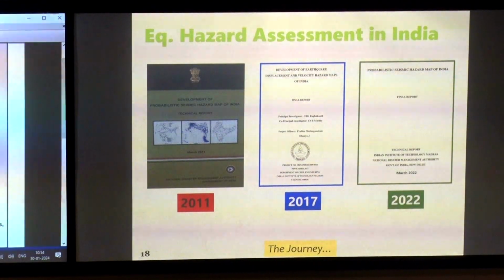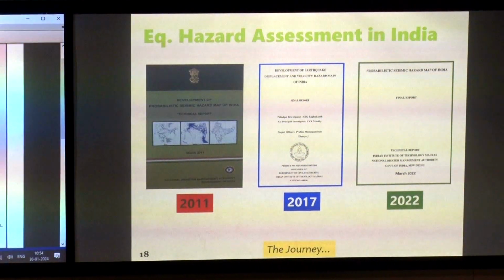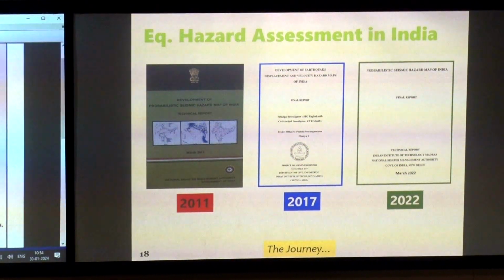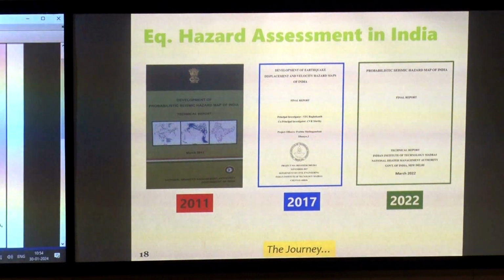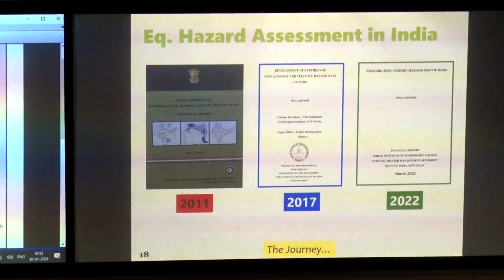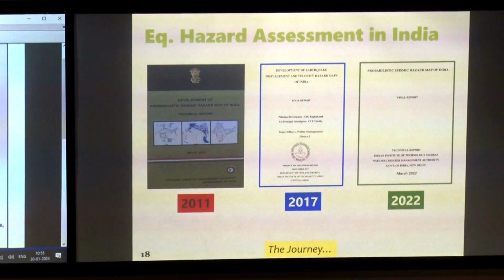Honestly speaking, there has been a very systematic effort towards this made by various people. And if you look at these 3 documents published with support from NDMA, this work is more than a decade old. And every time there has been refinement, and I'm sure some of you who are sitting here have been part of various committees over the years, either reviewing such work or providing inputs to such work, and so on and so forth.